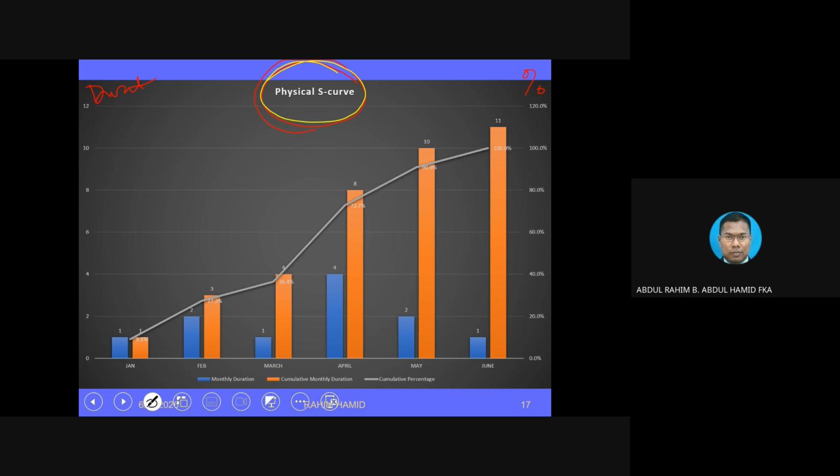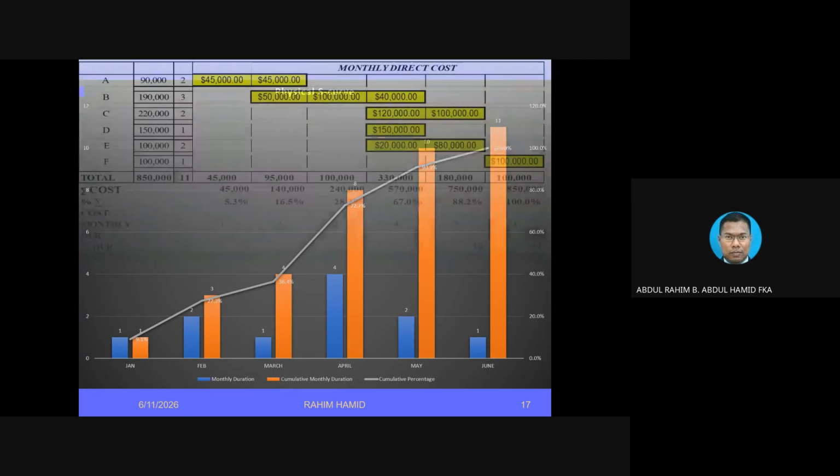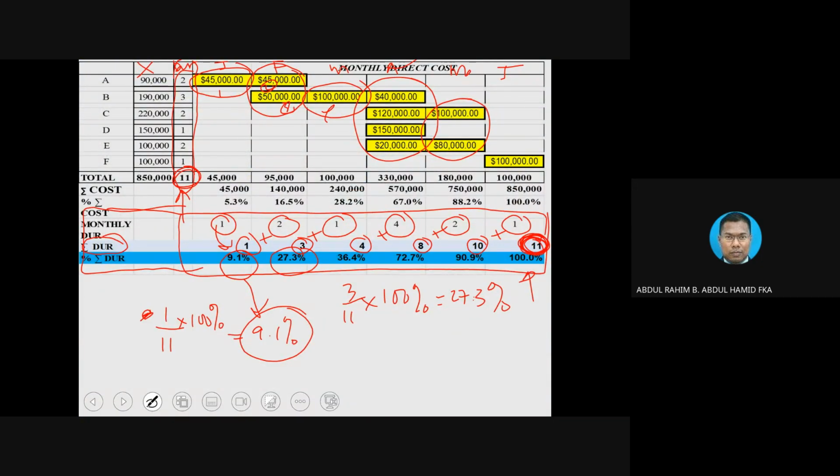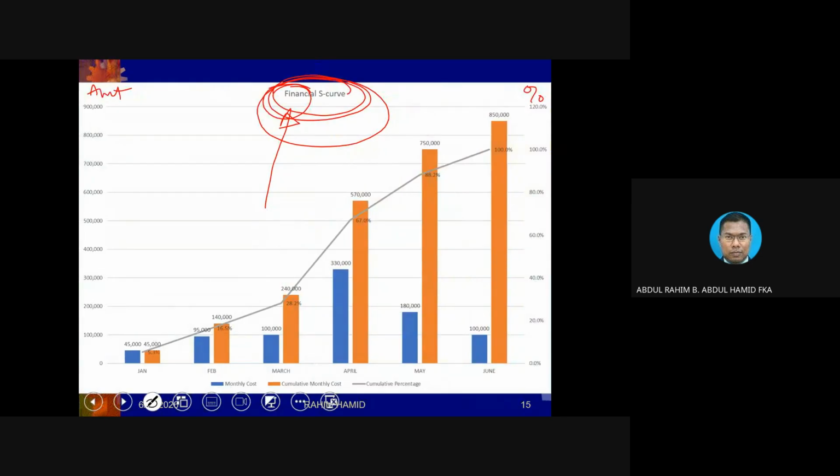Plan versus actual. Plan means from the original schedule that we have. Similar to this one, this is also what we call plan. This is what we plan.